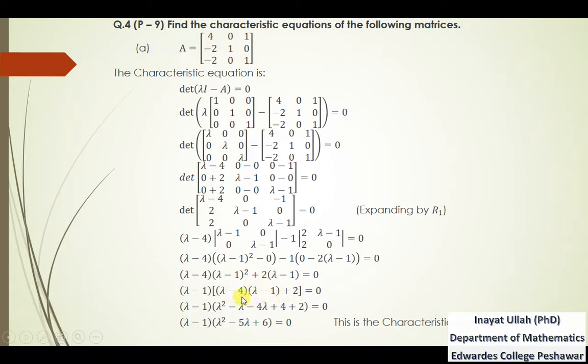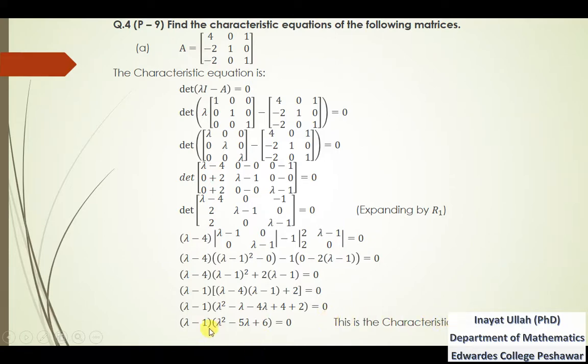Now multiplying these two, lambda square minus lambda minus 4 lambda plus 4, these 4 terms plus 2, and simplifying, lambda square minus lambda minus 4 lambda is minus 5 lambda plus 4 plus 2 is 6. So that is actually the characteristic equation.